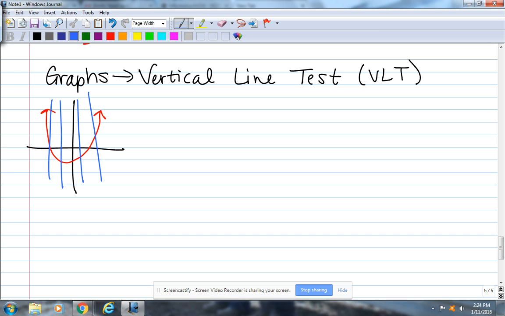Now, a graph is not the x and y axis. The graph for this one will be what's in red, for instance, the parabola. So if I put a vertical line anywhere and it touches the graph twice, it is not a function. But everywhere I put vertical lines on this parabola, I'm only touching that parabola one time. Right? So is that parabola a function? Yes, it's a function.